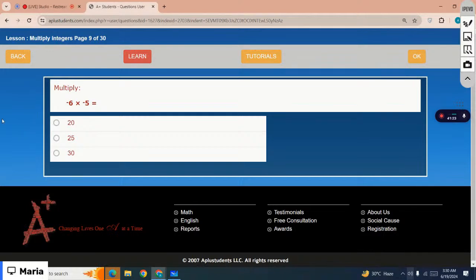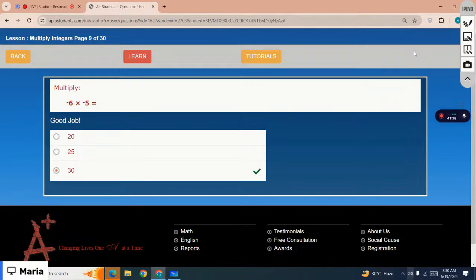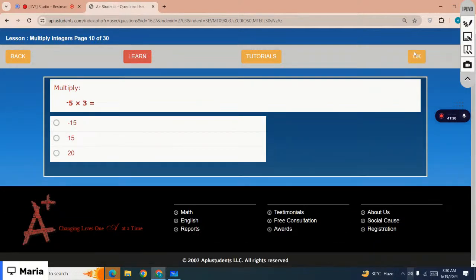Option number 3 is the correct option. No, not negative 30. How negative 30? Even negative 30 is not an option there.